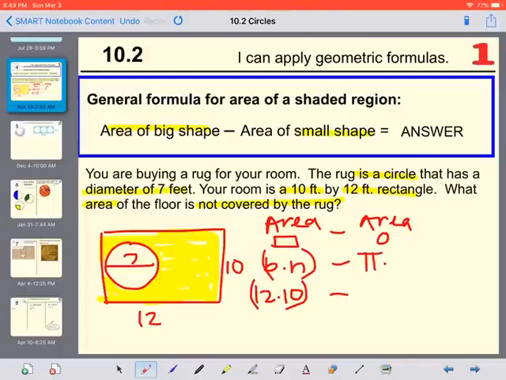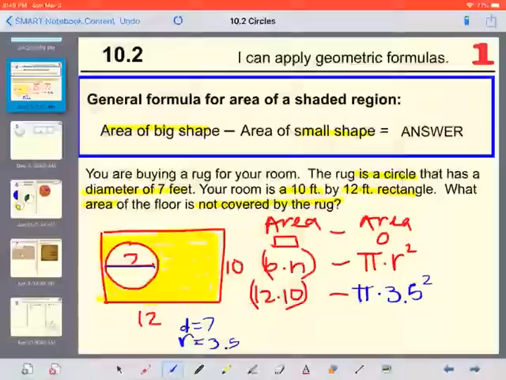Our area of a circle formula is pi times radius squared. We don't have a radius, we have a diameter of 7, so our radius is half of 7, which would be 3.5. So 3.5 squared.